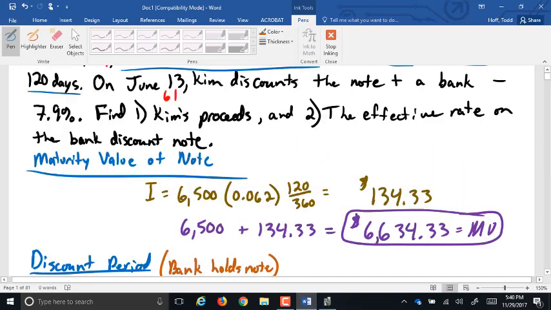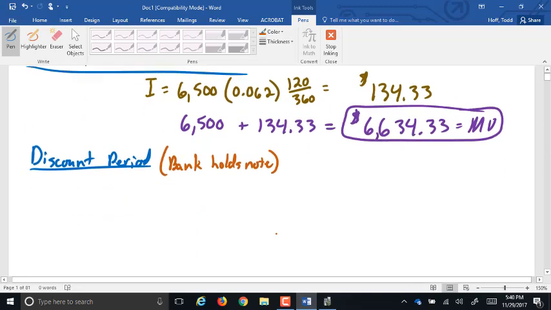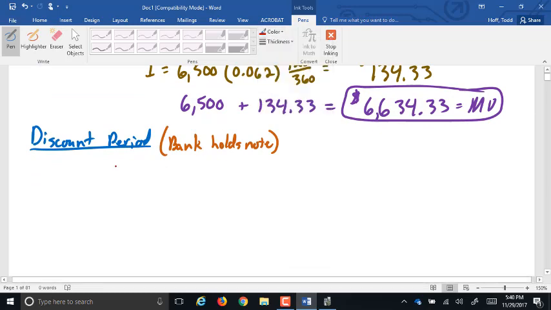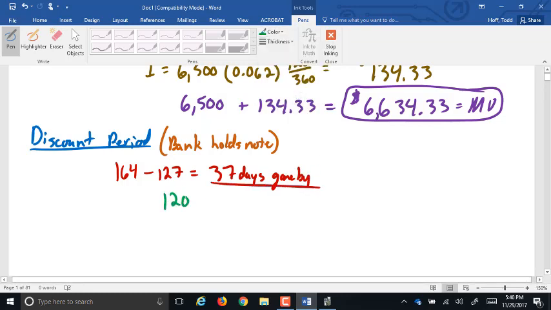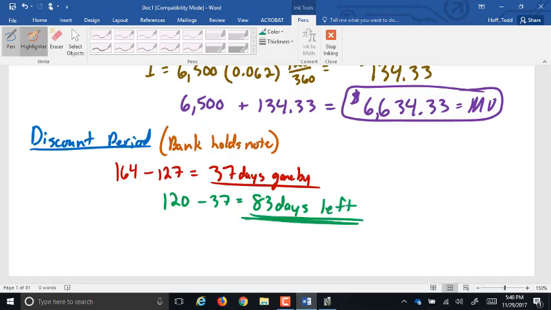So we look at the dates we have up here, the 164 minus 127, which gives us 37 days, right? That's the number of days that have gone by already. We need to take the term of the note of 120 minus 37 gives us 83 days left. That's the time that the bank is going to be holding the note.